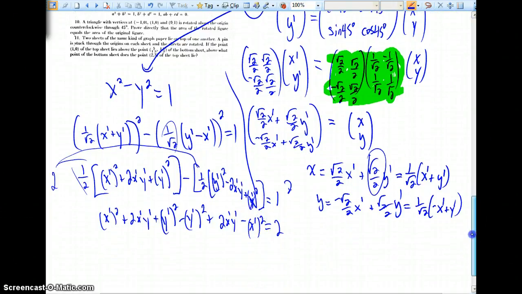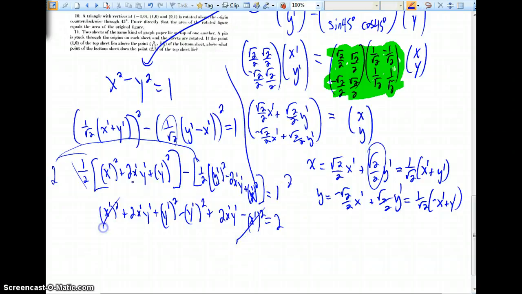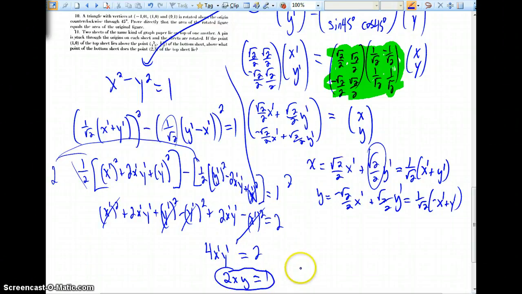Well, look what's about to cancel. The x prime squareds are going away. One's positive, one's negative. Same thing with the y prime squareds. You'd have 4x prime y prime equals 2. A couple things you can do. You can divide both sides by a 2. And you know what? Very typically we drop the primes. This is the equation of our new transformed figure.